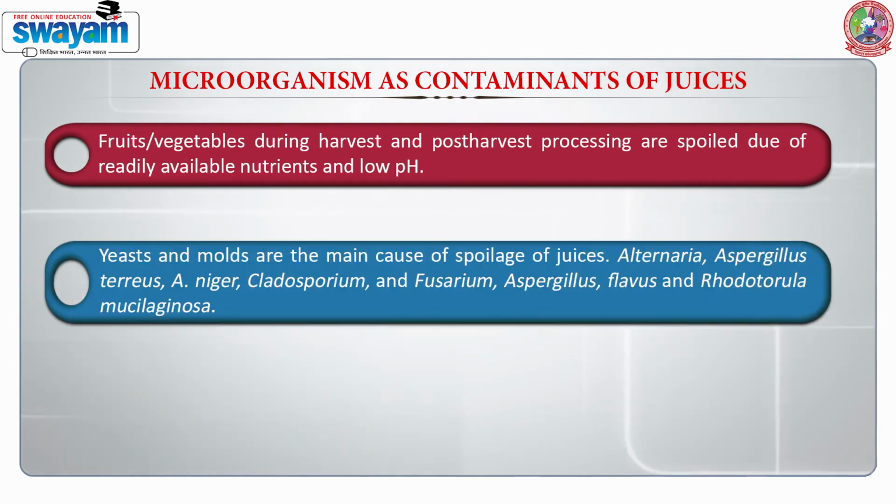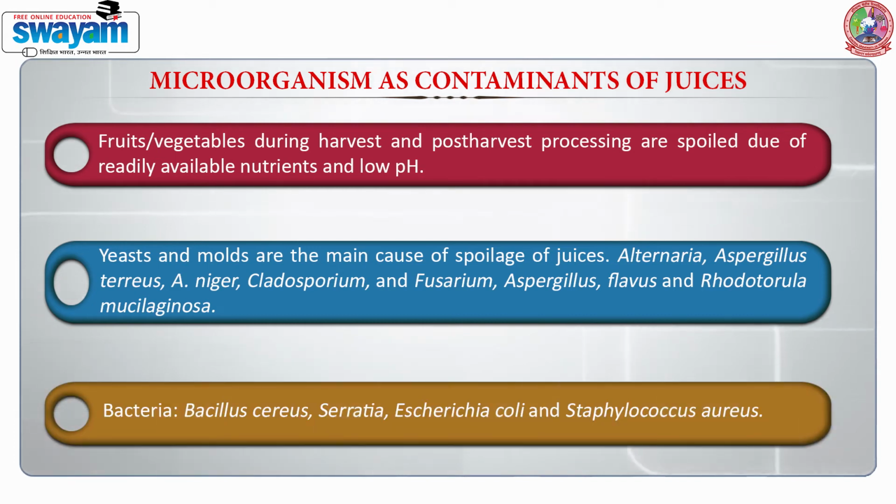Yeast and molds are the main causal organisms for the spoilage of vegetable and fruit juices. There are other fungi such as Alternaria, Aspergillus, Cladosporium, species of Fusarium and Rhodotorula mucilaginosa, which are responsible for the spoilage of fruit and vegetable juices.